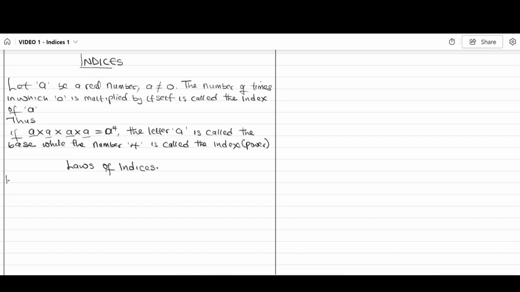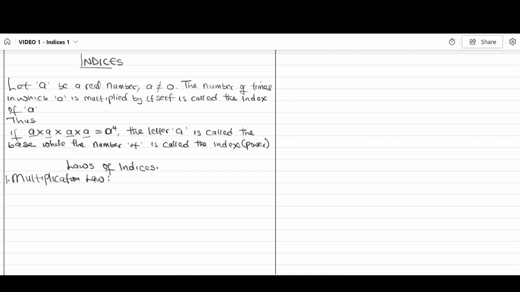The first law of indices is known as the multiplication law. The law states that when multiplying two numbers with the same base, you add their powers.